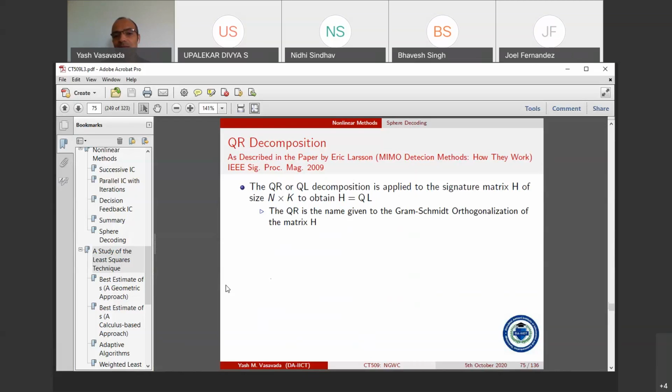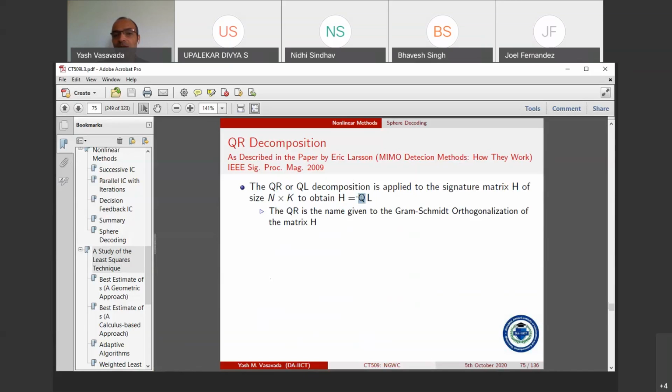The way Gram-Schmidt works is we take the first column of H and we normalize that. And that becomes the first column of Q. Then we want to derive the next column of Q, which is orthogonal to the first column.